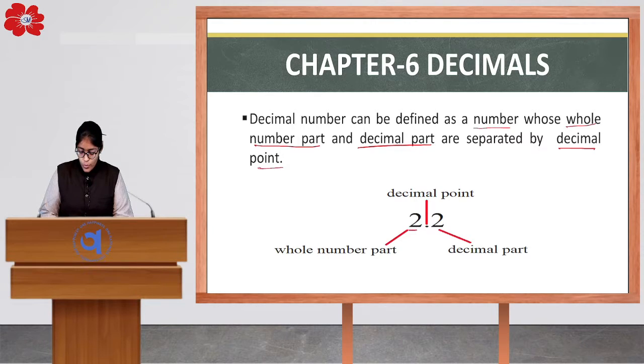So this 2 which is at the left side of the point is the whole number part, and this 2 which is on the right side of the point is called the decimal part, and the point between them is called the decimal point. Let us take another example, that was 36.5. So which will be the whole number part? Yes, it will be 36, and 5 becomes the decimal part.